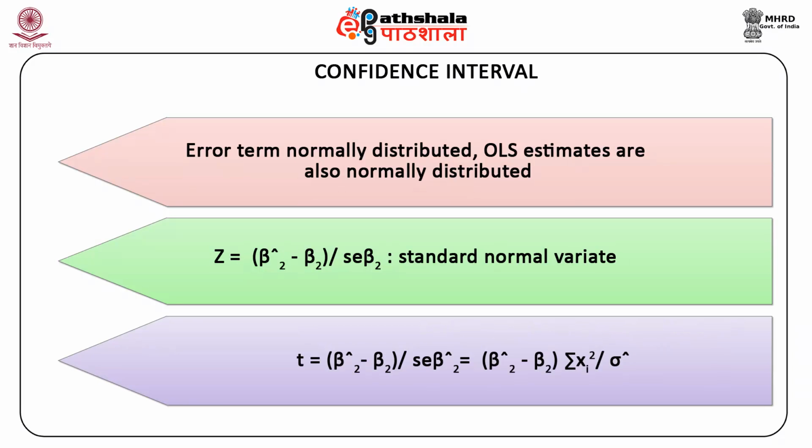T is equal to (beta hat 2 minus beta 2) divided by SE of beta hat 2, which is equal to (beta hat 2 minus beta 2) multiplied by the square root of summation xi squared divided by sigma hat. T follows the t distribution with n minus 2 degrees of freedom.